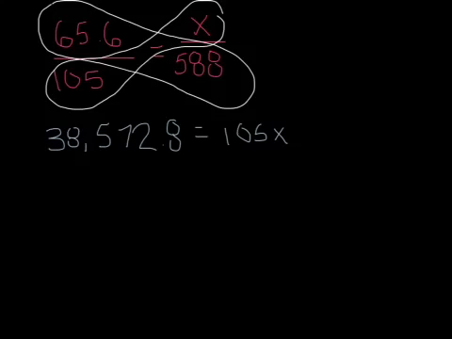So what happens is if we divide by 105 on both sides, we'll actually find the measurement that is x. So when we divide, we get 367 point. The next thing we do is take this number and convert it to yards.